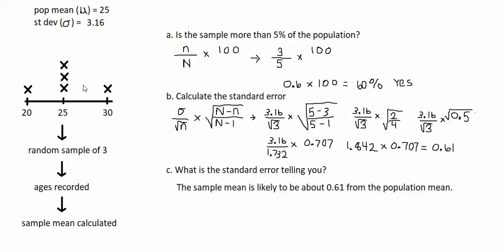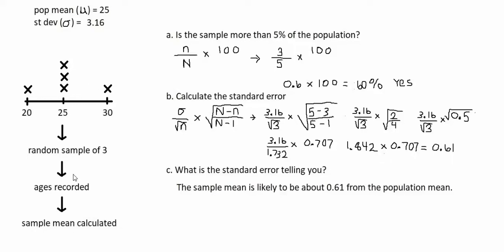And in this situation, we know that the population mean is 25. In other words, we know that the mean age of all 5 people in the population is 25. You could check that yourself if you wanted to. If you added these 5 ages, they would add up to 125, and 125 divided by 5 would be the population mean of 25.